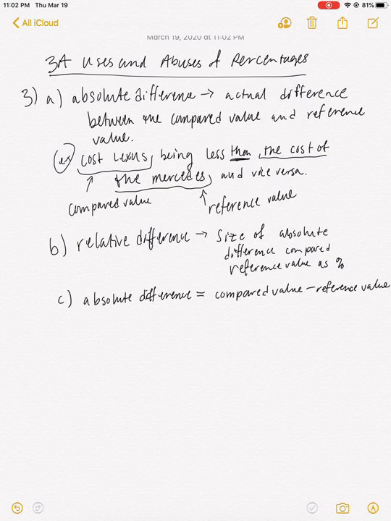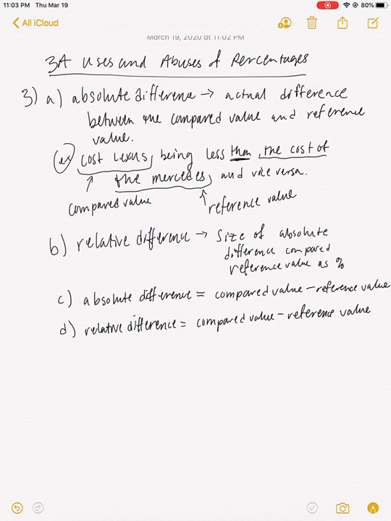And then the formula for the relative difference is equal to the compared value minus the reference value, divided by the reference value. Remember that the reference value is the one that comes after than.